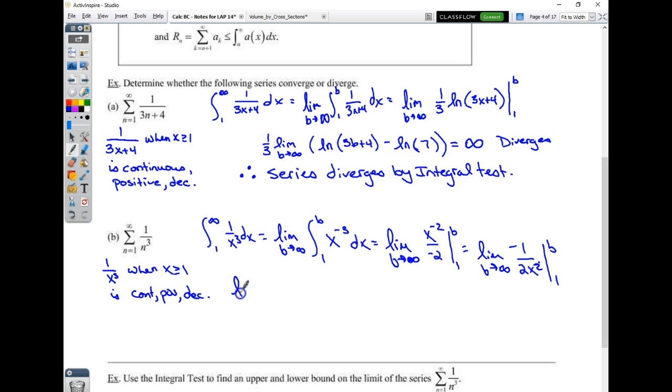All right. So let's go ahead and see what we can do. I'm going to factor out that negative 1/2, leaving me with just 1 over x squared.